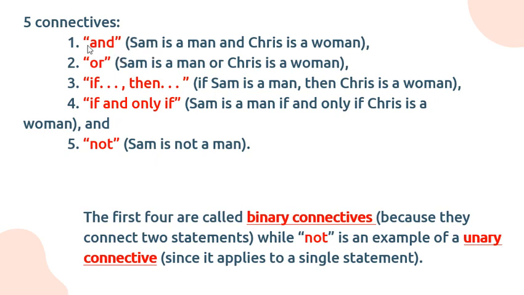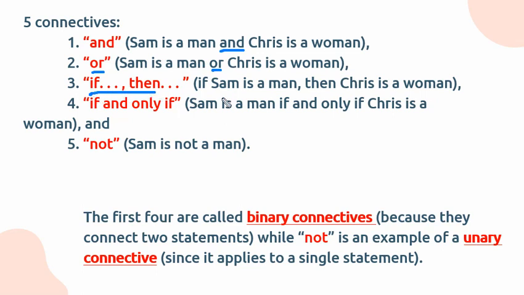So an example of the "and" connective: Sam is a man and Chris is a woman. We can see here that we use the "and" to connect two statements. We can also use "or" to connect two statements. Later we'll discuss more on these connectives.